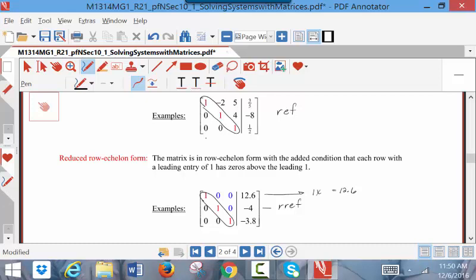The second row would be 0x plus 1y plus 0z equaling negative 4. And the third row would be 0x plus 0y plus 1z equaling a negative 3.8, which are my solution values for my x, my y, and my z, which is what we want.